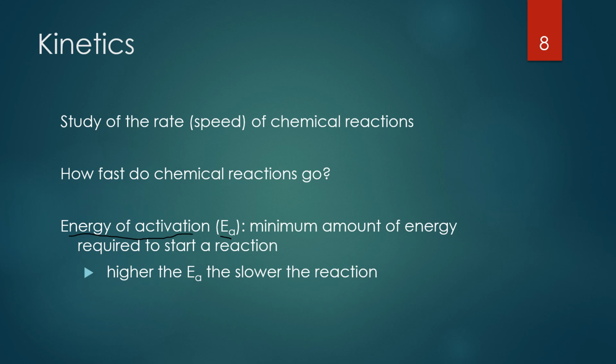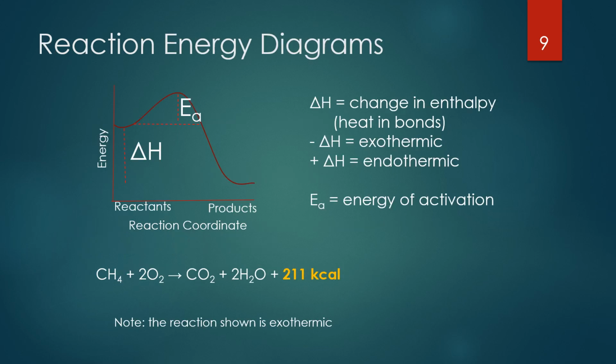So the higher the EA, the activation energy, the slower the reaction is going to go. So let's look at this with a diagram, because visual is going to help us solidify this term. So EA, the activation energy, is the energy required to get a reaction started.